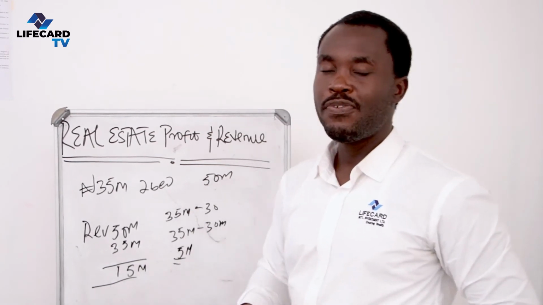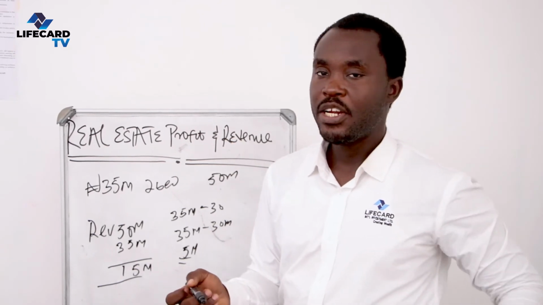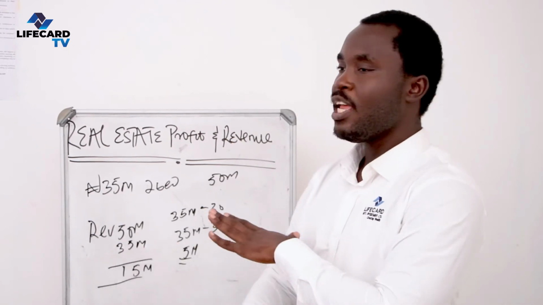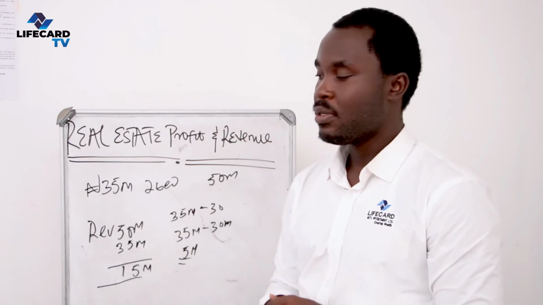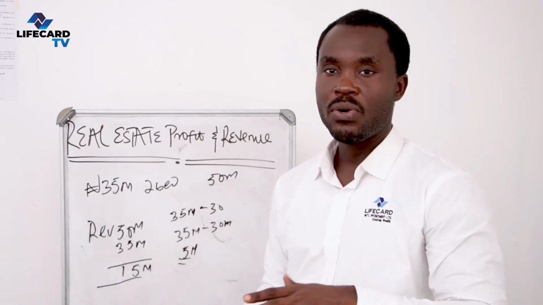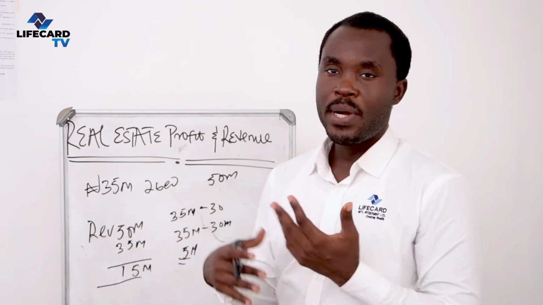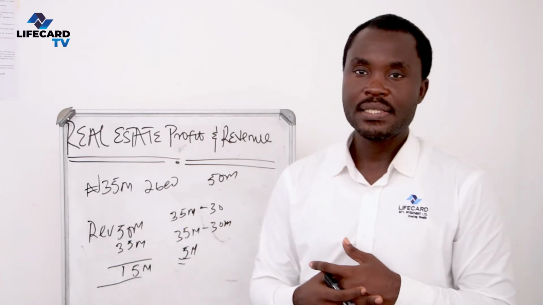So this is how you calculate profit and revenue, or even possibly a loss in real estate, either land or apartment. So why is this important for you as an investor?